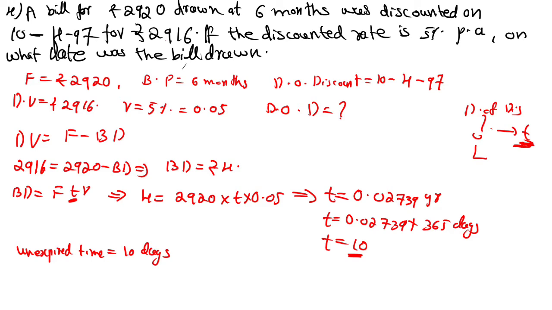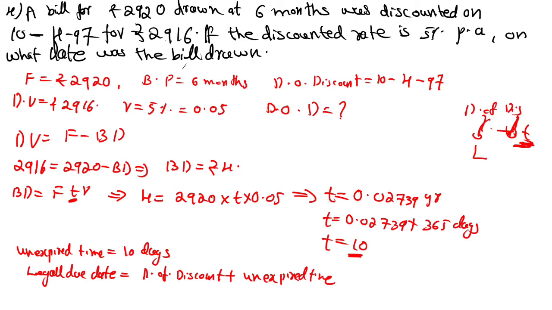Therefore legally due date equal to date of discount plus unexpired time, right? That is correct, right? See, date of discount plus unexpired T, what will it give? Legally due date. So calculate legally due date.